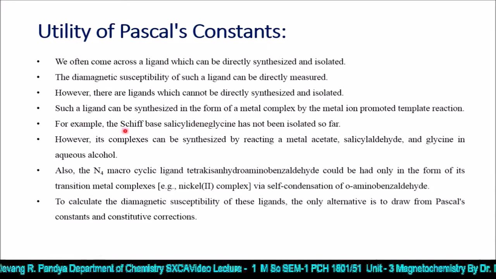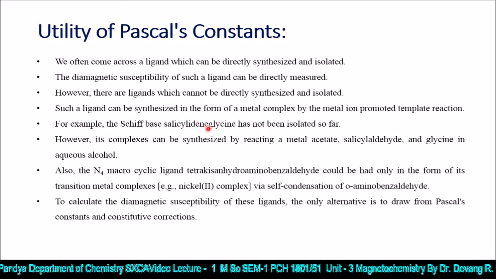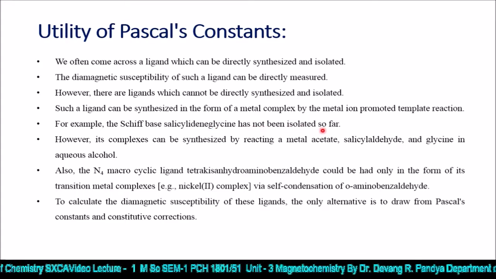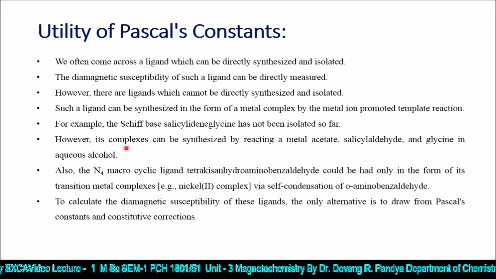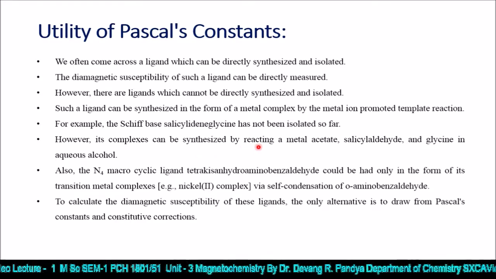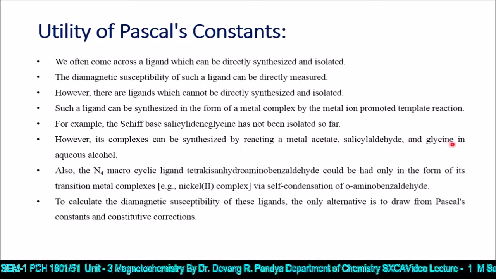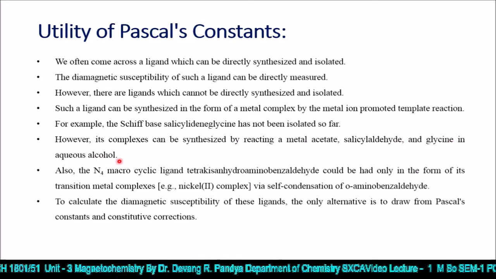For example, the Schiff base salicylidene glycine has not been isolated so far. However, its complex can be synthesized by reacting a metal acetate with salicylaldehyde and glycine in aqueous alcohol.